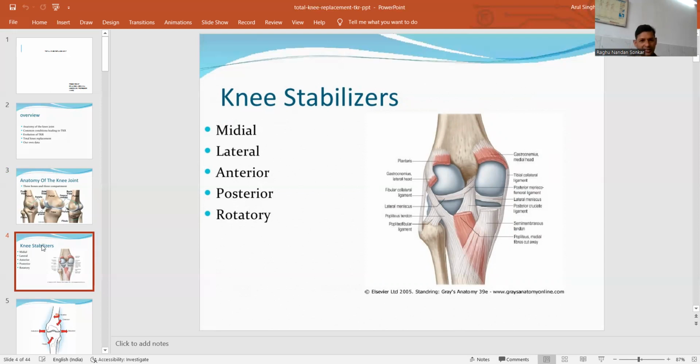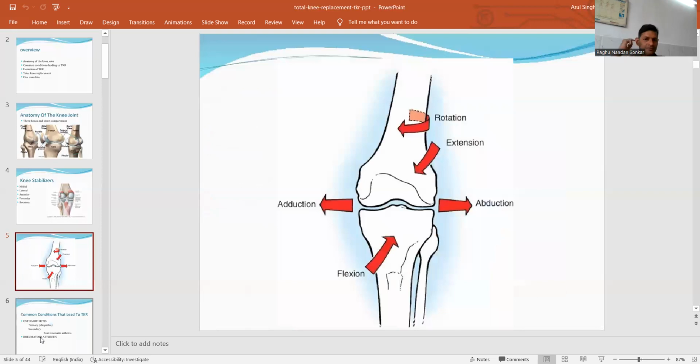So all are knee stabilizers. As we can see in these pictures, adduction, abduction, flexion, extension, and rotation. These are the knee stabilizers.